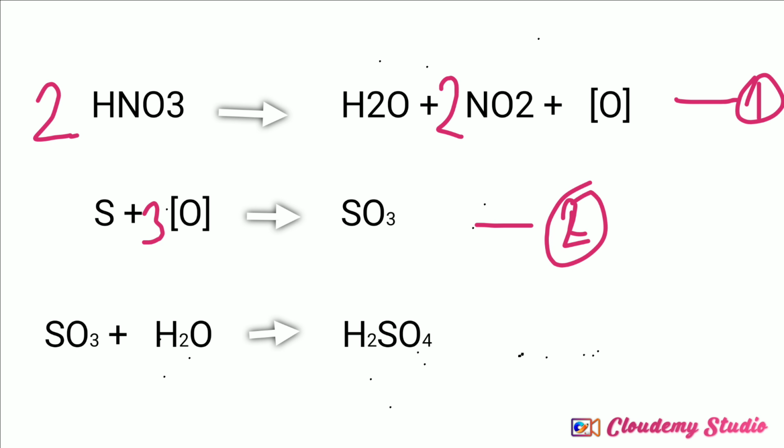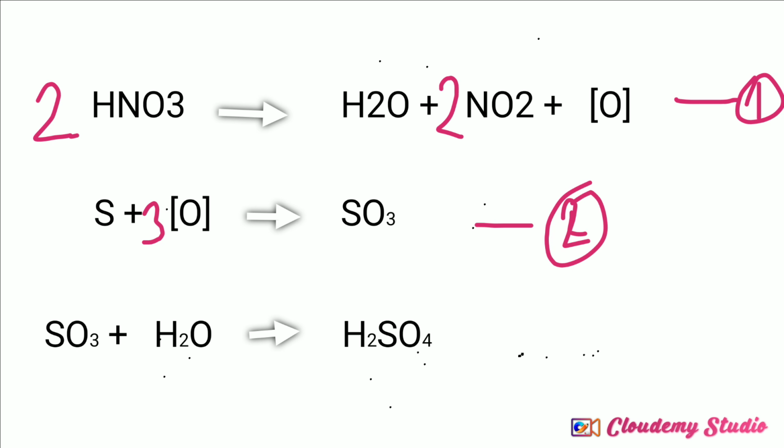From the first equation only we have got the nascent oxygen. That nascent oxygen only will undergo the reaction with the sulfur. So, at the second equation, if the number of moles of nascent oxygen is 3 times, then in the first equation, the number of moles of nascent oxygen also must be 3 times.